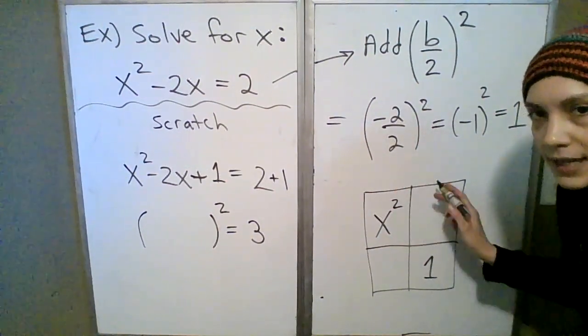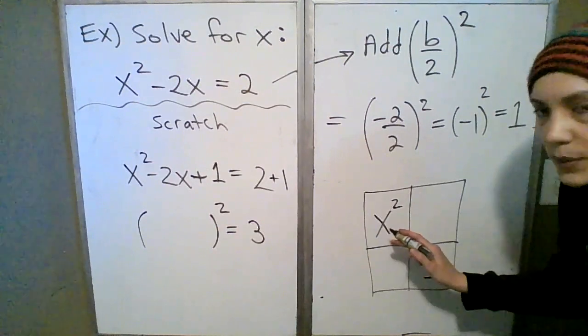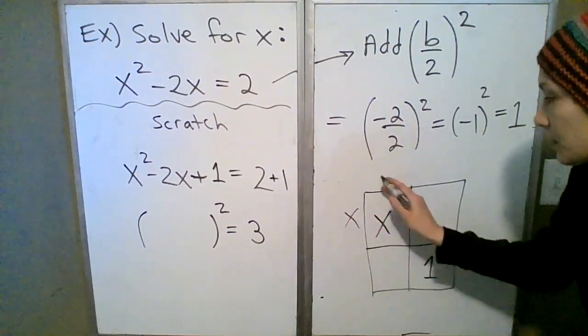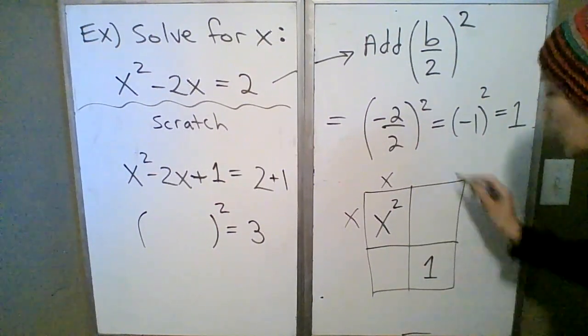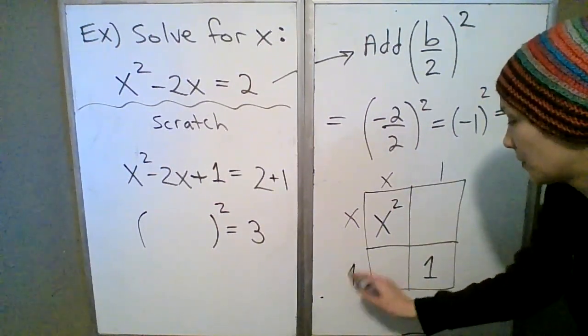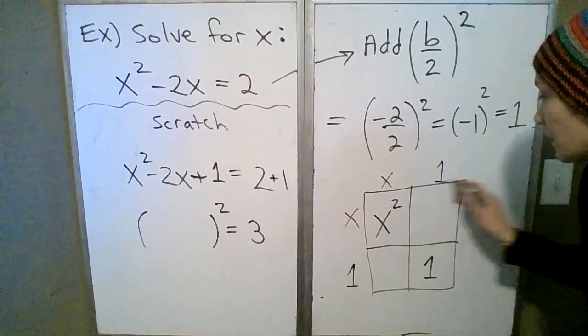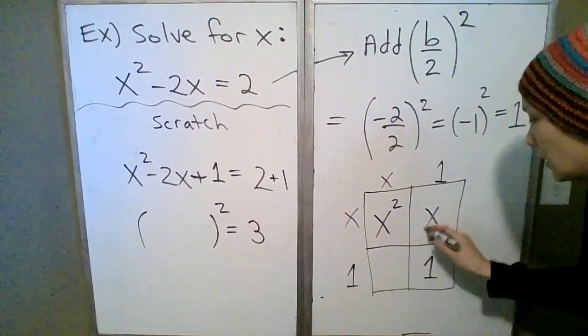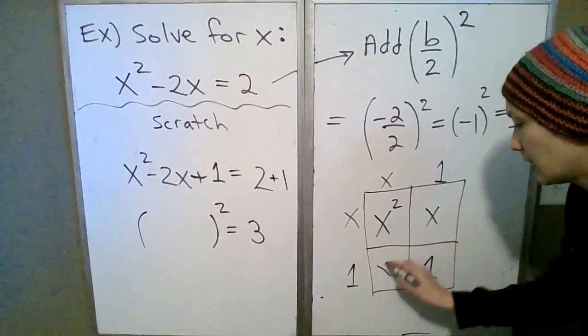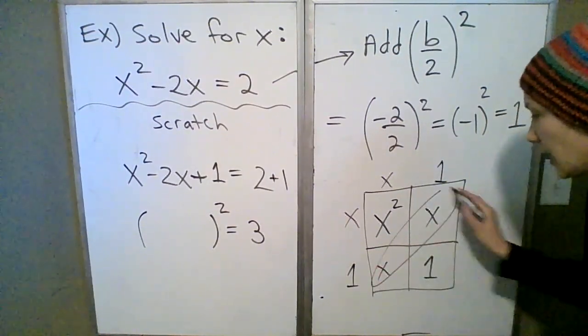And start to get the sides. x times x would be x squared, and 1 times 1 to get 1. And this would be 1 times x, which is x. Here's another x. And you would add these terms together.